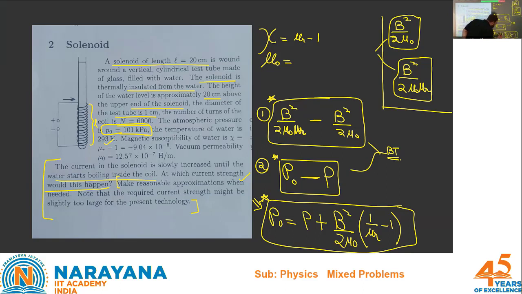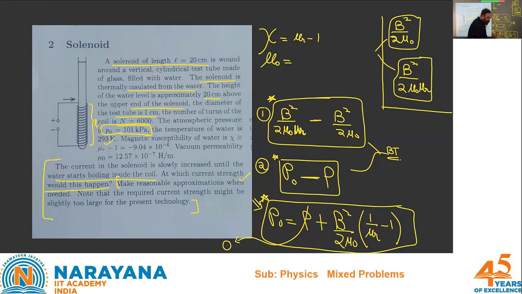Either you give me that saturation vapor pressure, or I will have to assume this term to be 0. I'm assuming absolute lightness inside the liquid, treating it like an ideal fluid at that place, at the instance when it starts to boil, and then it gets exposed to P naught.